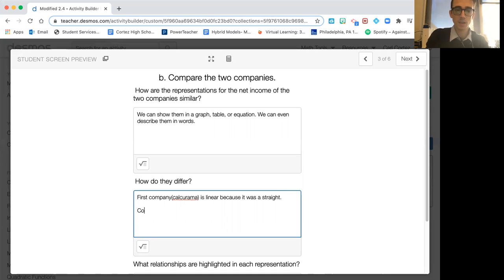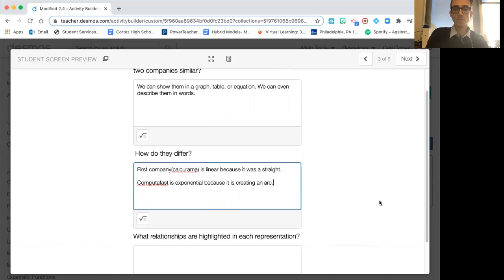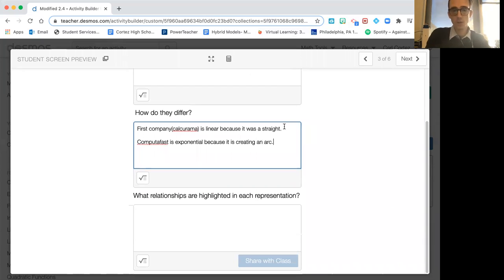You're saying Computafest is exponential because it is creating an arc. And also because Calcurama's expression was linear, y equals mx plus b form. And Computafest was definitely a times b to the x power.